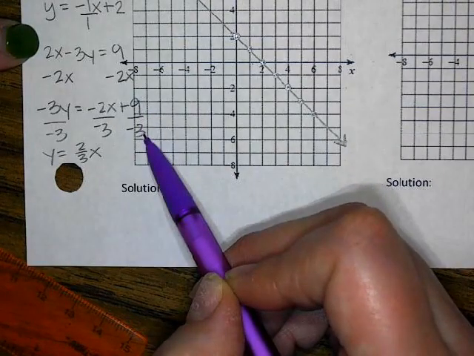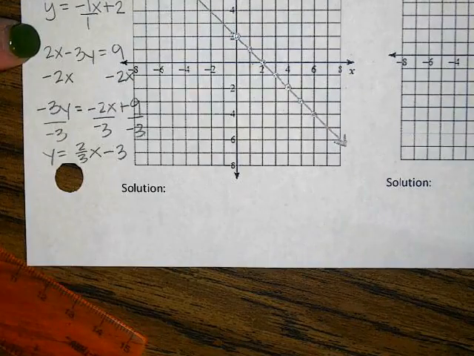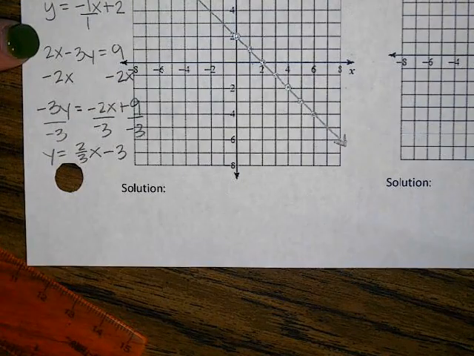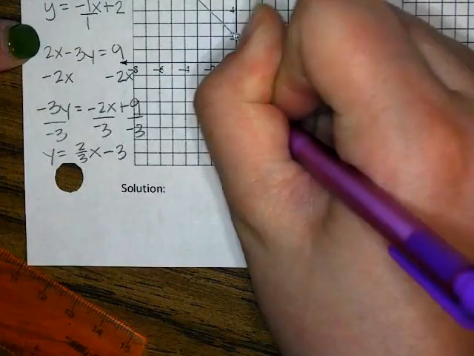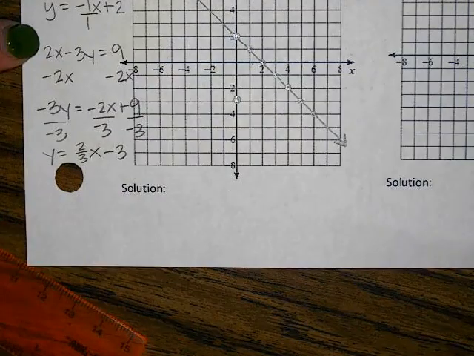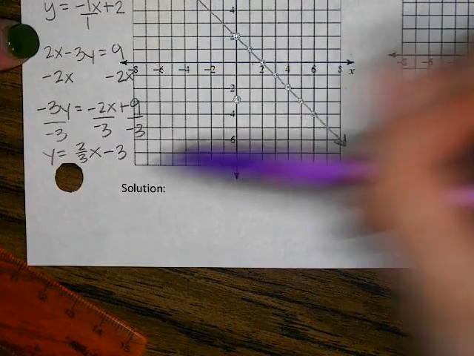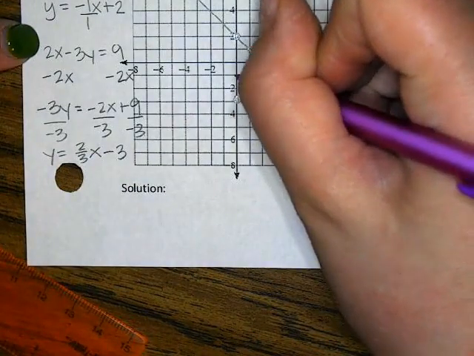-3, okay? And so now I'm going to start my graph at -3, and then from there, where do I go? Up 2, to the right 3. Up 2, to the right 3.